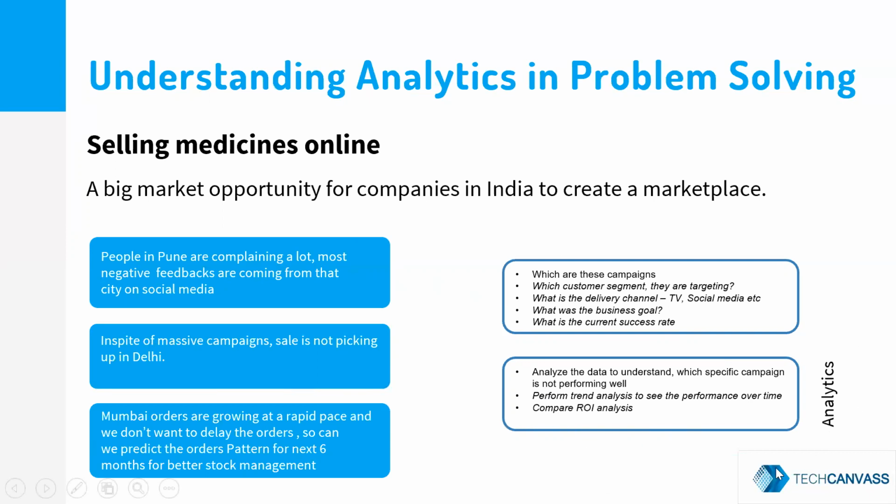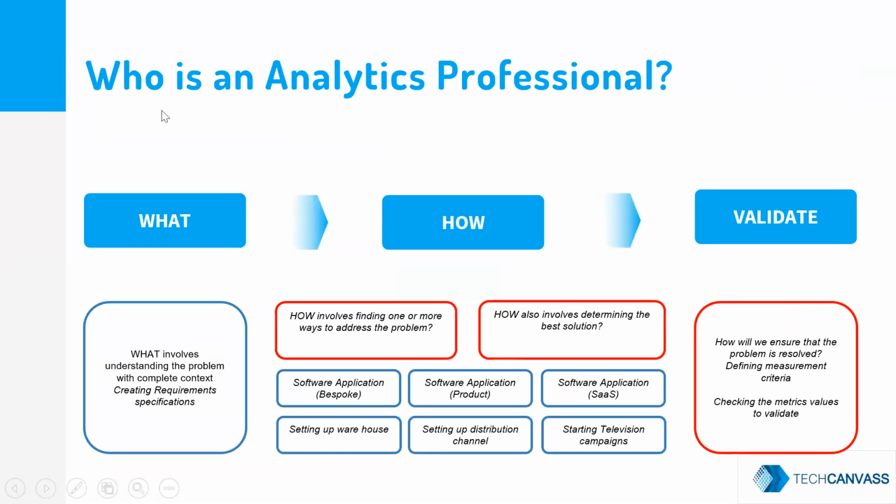Are we able to see the trend so that we can finalize it? So analytics is essentially about solving a problem, finding the solution to a problem using data analysis algorithms. This is concerned with the how part of the problem.